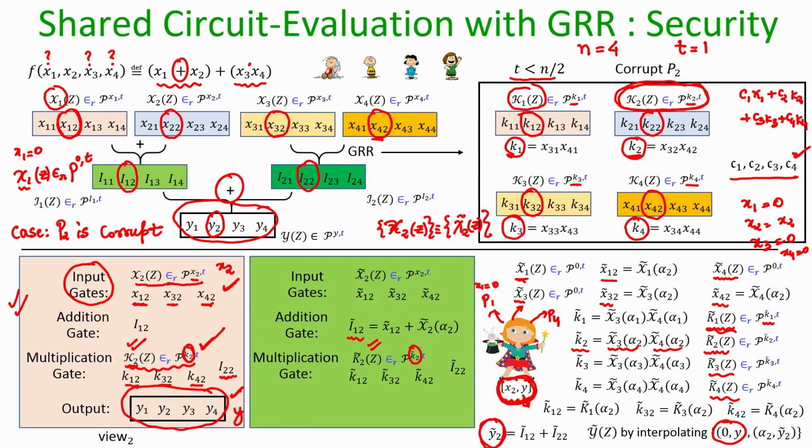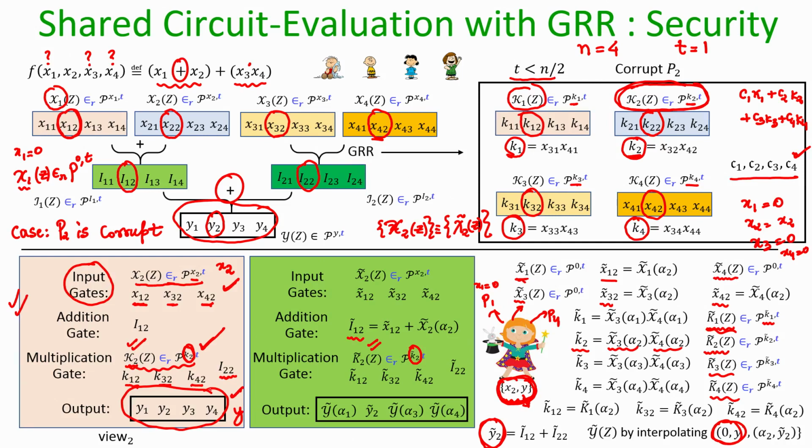That is what the simulator is doing here: it takes the point (0, y) and interpolates the simulated y shares, which form the final y vector.